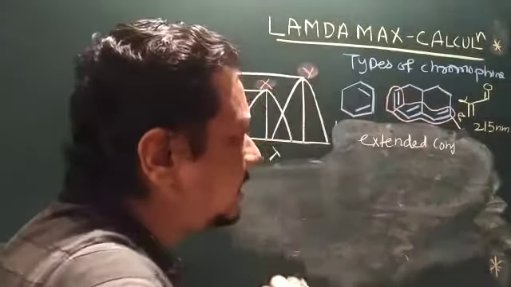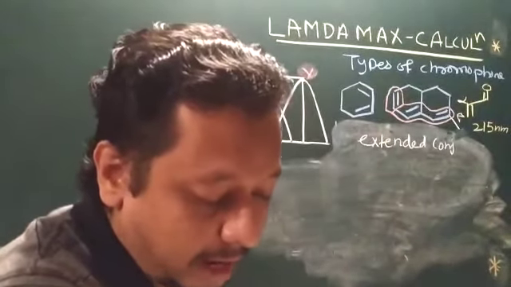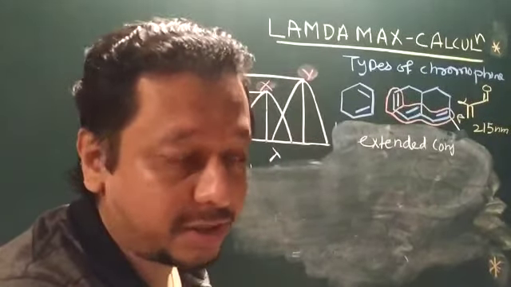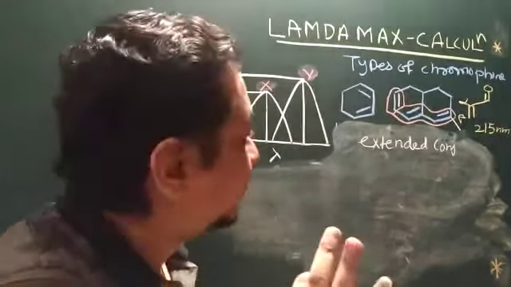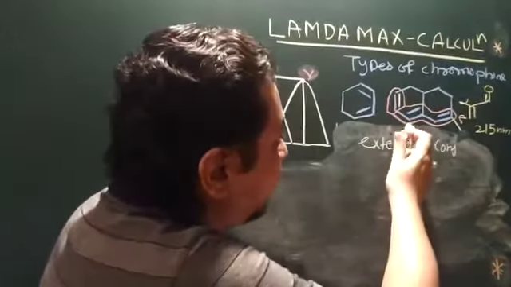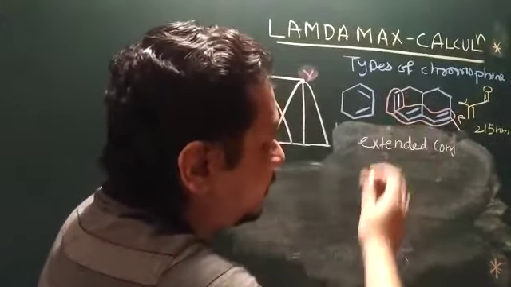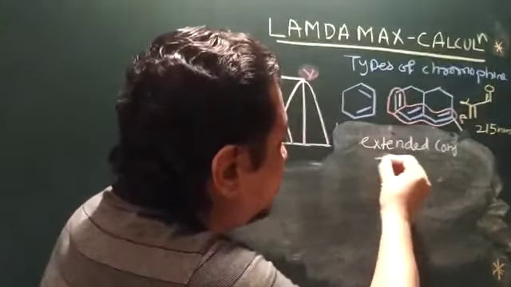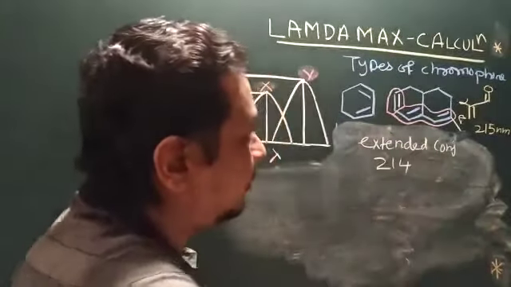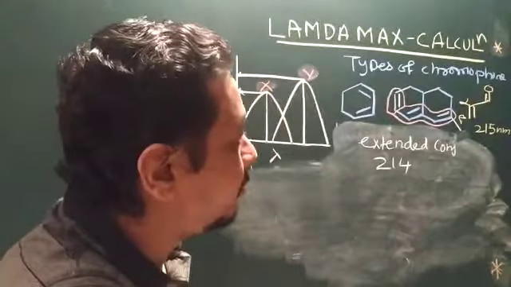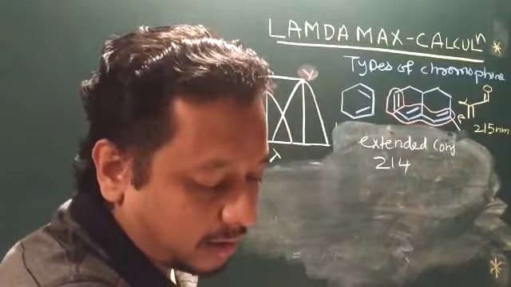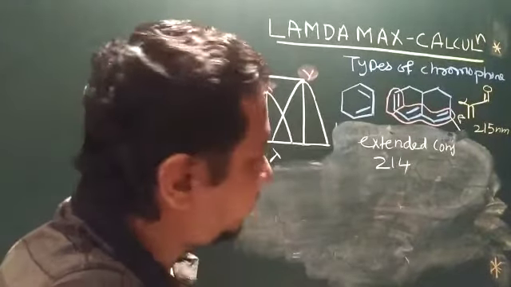And whenever there is an extended conjugation, we have to add 30 nanometer to the base value. So suppose I have taken over here, it is a heteroannular diene, the value is 214. So if I go for an extended conjugation, then I have to add the 30.